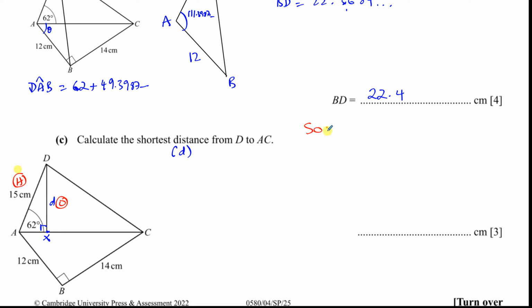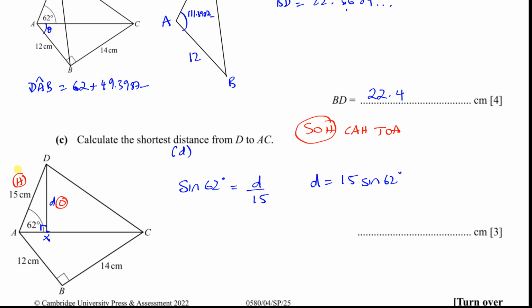So TOA, we're going to use the sine ratio, opposite and hypotenuse. So we can say that the sine of the angle 62 degrees is equal to the opposite, which is D, over the hypotenuse, which is 15. So D is equal to 15 times the sine of 62 degrees.